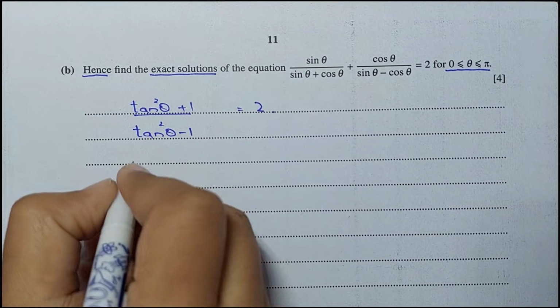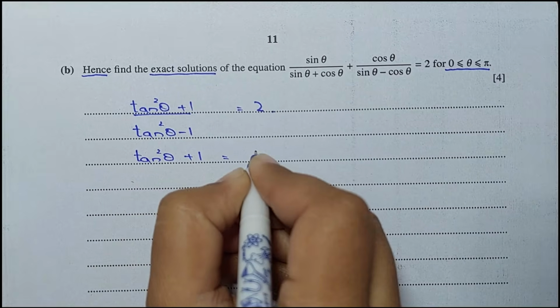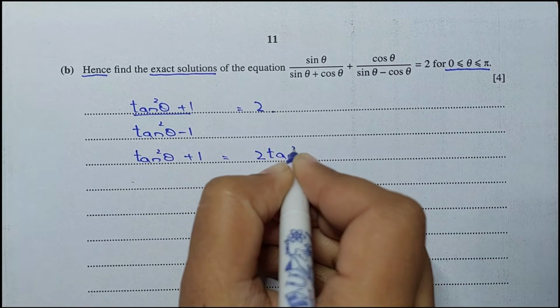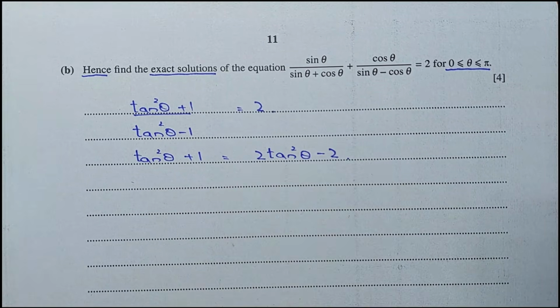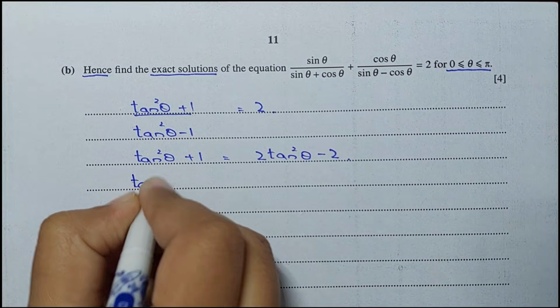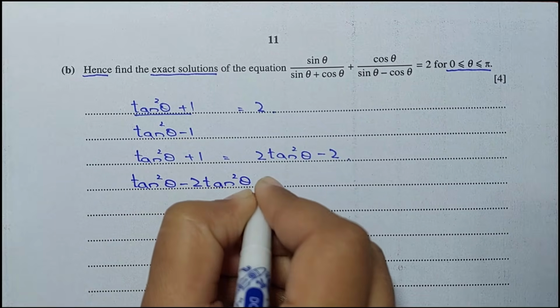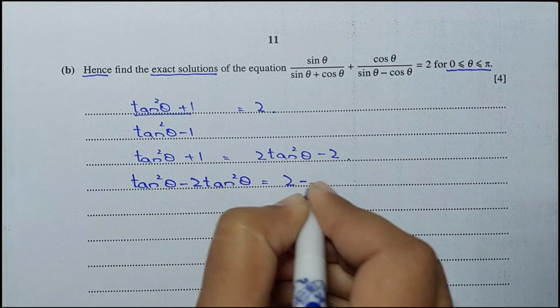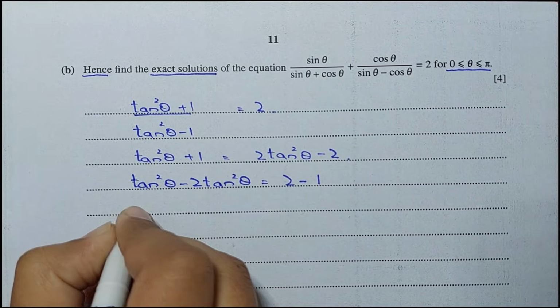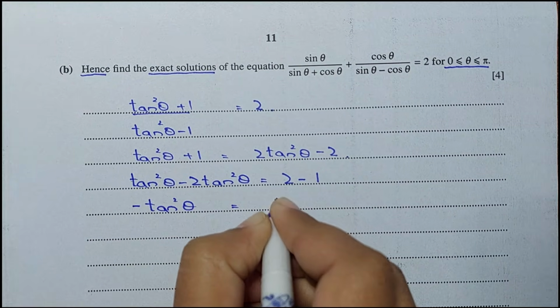Now cross multiply, here we have tangent square plus 1 equals 2 into tangent square, and 2 into 1 is minus 2, right? Shift all the terms to the left, so we have tangent square theta minus 2 tangent square theta. This is 2, and shift the constant on the right, which is minus 1. So now we have minus tangent square theta equals 1.